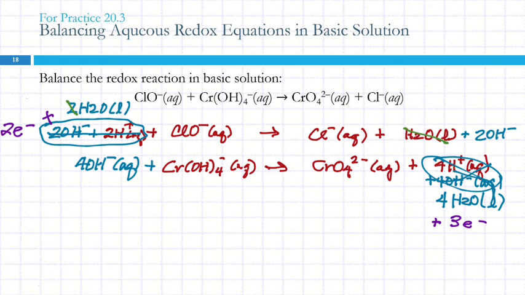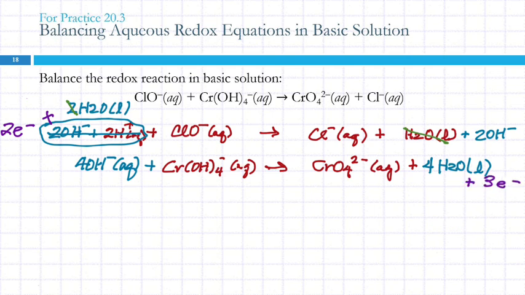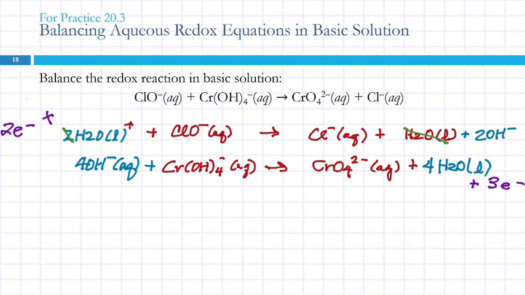I'm going to clean this up just because I can. That's a plus, not a multiple. I need the same number of electrons now, right?